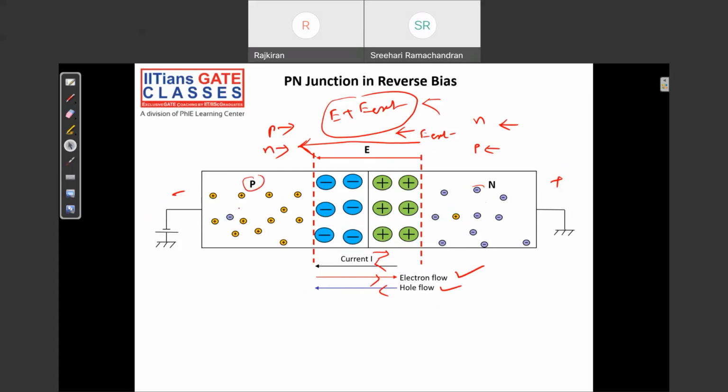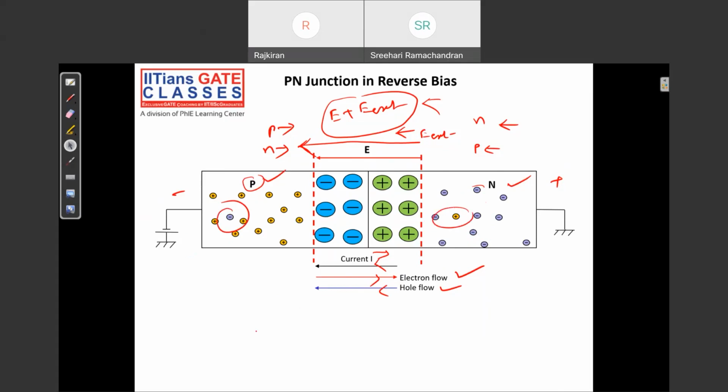Even if the field is supporting, I don't have the carriers, they are very, very small. That's why the current in reverse bias is very, very small, and almost constant.